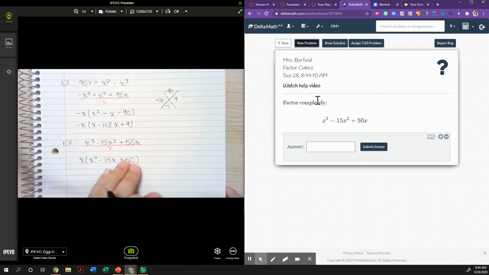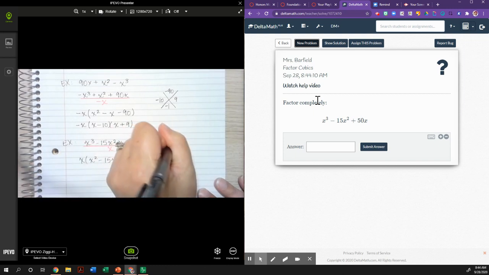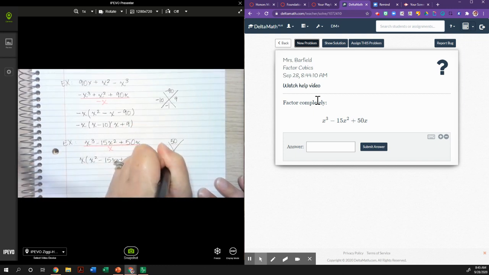All right, now I'm going to look at the parentheses. I'm not going to worry about the x at the moment, and I'm going to make an attempt to factor again. I may or may not be able to. So 50 and negative 15. I need to get a positive 50, so that's going to be negative 10 and negative 5.